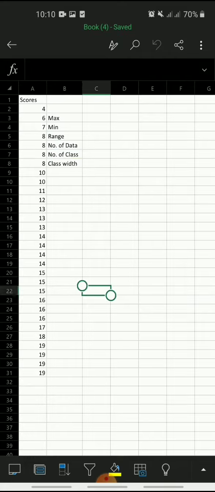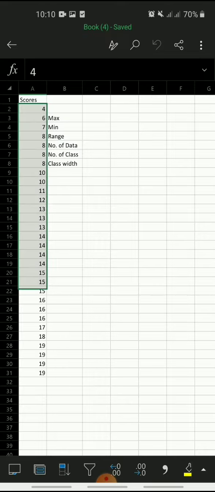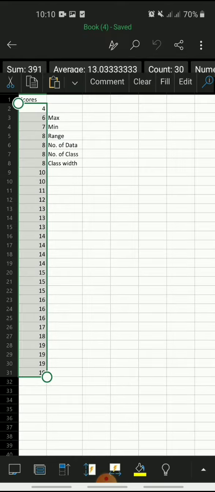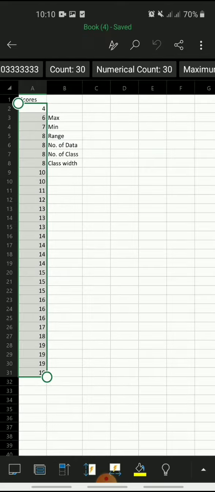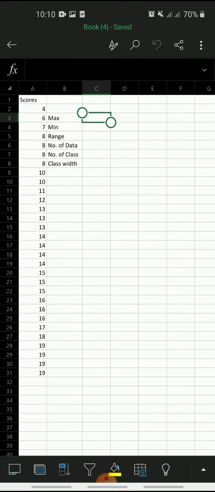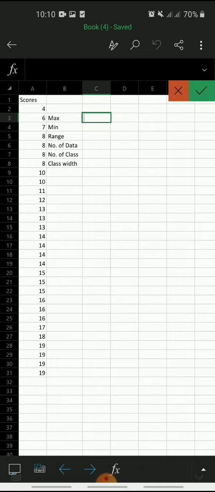First we're going to identify the maximum and minimum values of the data. We just highlight it so we can see it here. So the maximum is 19 and the minimum is 4. So we're going to write it.